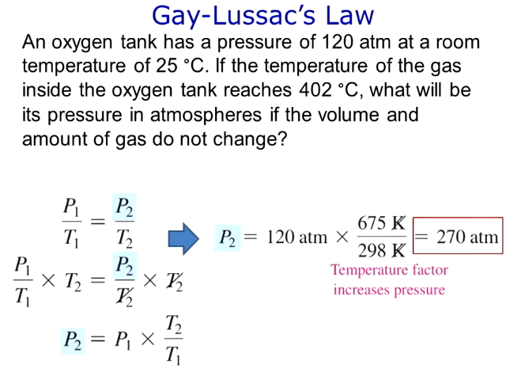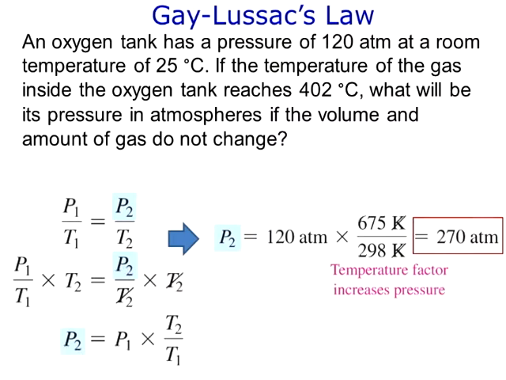I note that my starter material had 2 sig figs because 120 has 2 sig figs. I ignore the 0 on the back side of it, and therefore I write 270 ATM regardless of what my calculator comes up with. I must obey the sig fig rules, and therefore I have 270 ATM.